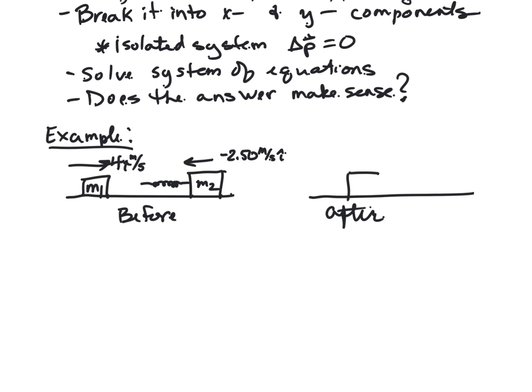And we've got M2 here. Okay? And then what happens? That's really what we want to know, is what happens after that point. Once they've compressed, now what?